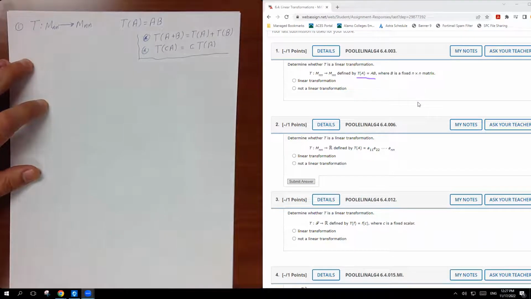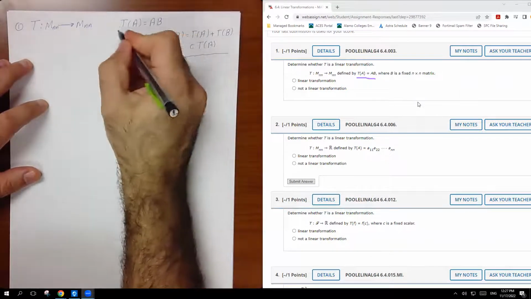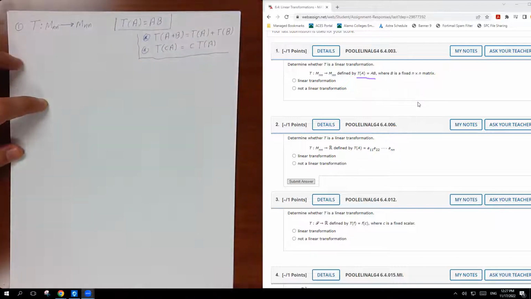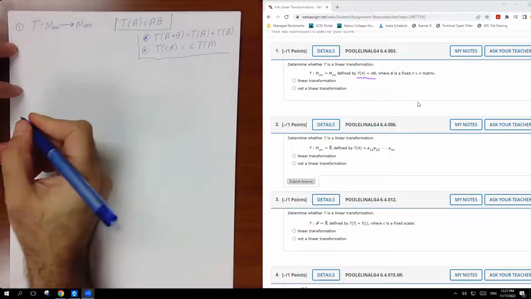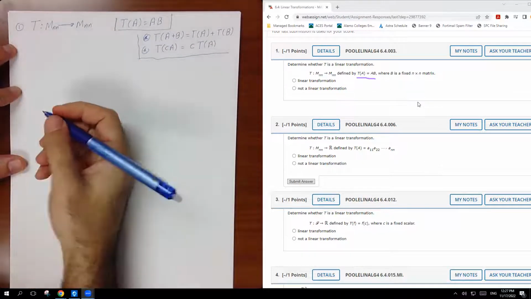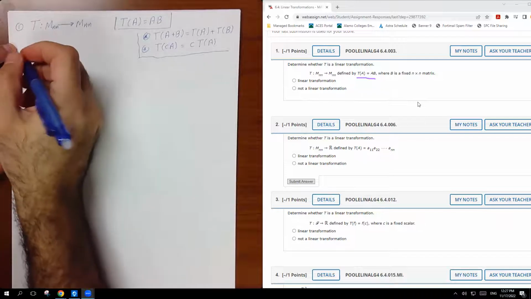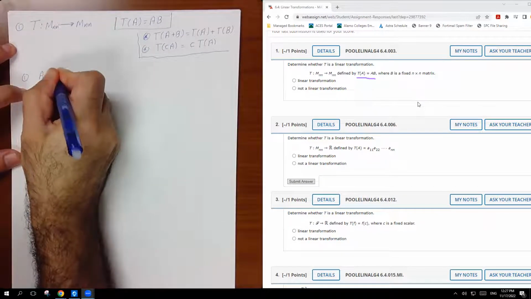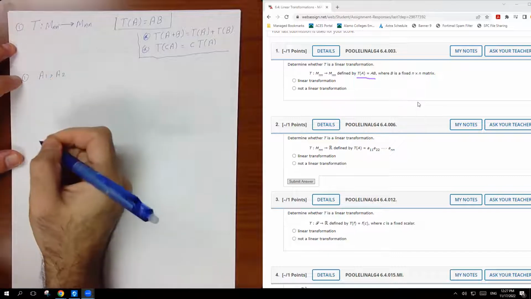Our rule says here, with this example, the transformation of A is going to be A times the fixed matrix B. So that's what we're going to do. Let's choose two matrices, A1 and A2.